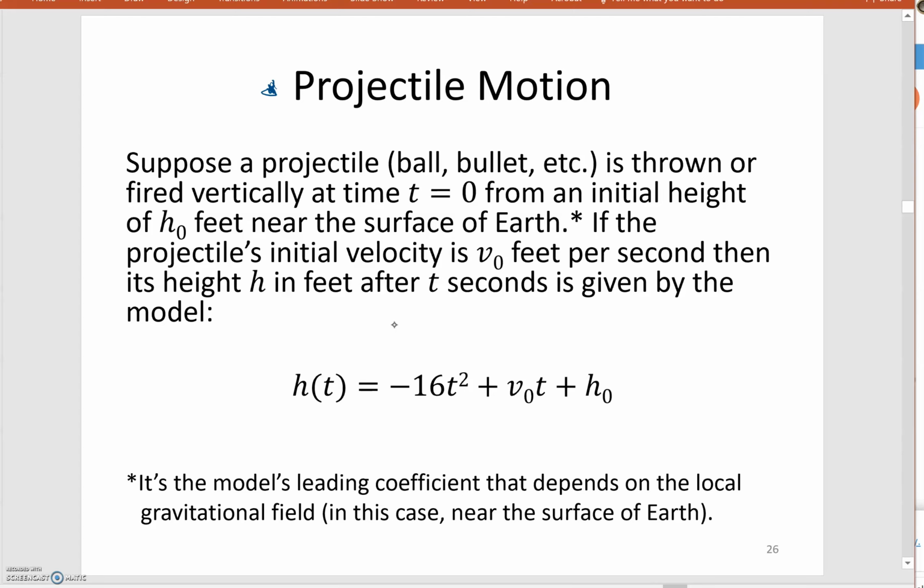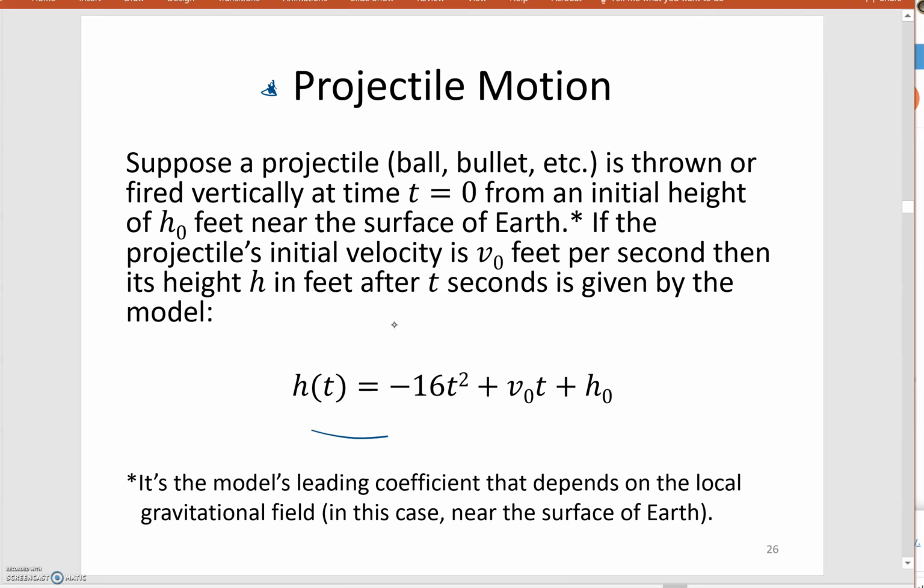So suppose a projectile of any sort, ball, bullet, bowling ball, whatever it is, piano, is thrown or fired vertically at time t equals 0 from an initial height of h sub 0 feet near the surface of the Earth. So that kind of matters. If we're not on the surface of the Earth, then things can be different. But anyway, if the projectile's initial velocity is v sub 0 feet per second, then its height h in feet after t seconds is given by the following model.